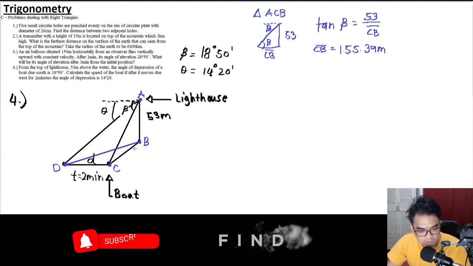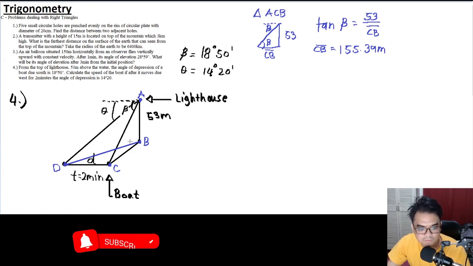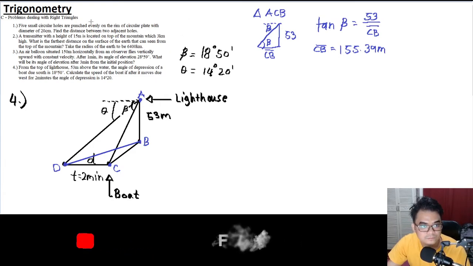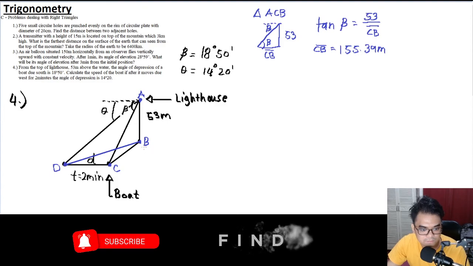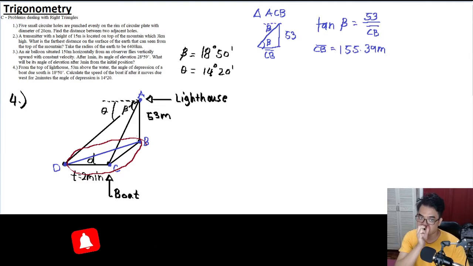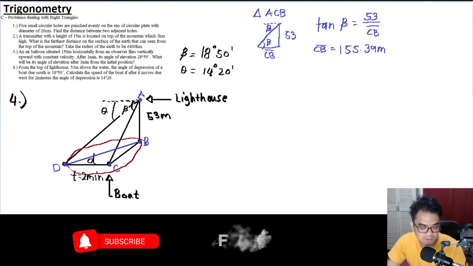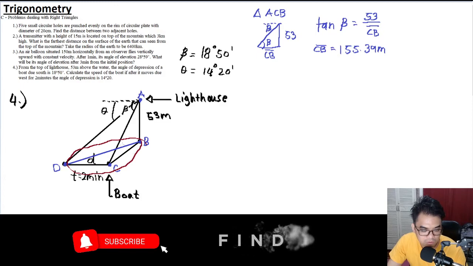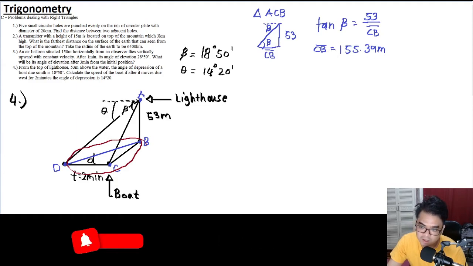And if you connect the triangle BCD, let me highlight this triangle for you, triangle BCD, we'll be using it to solve for D, and BCD is a right triangle.